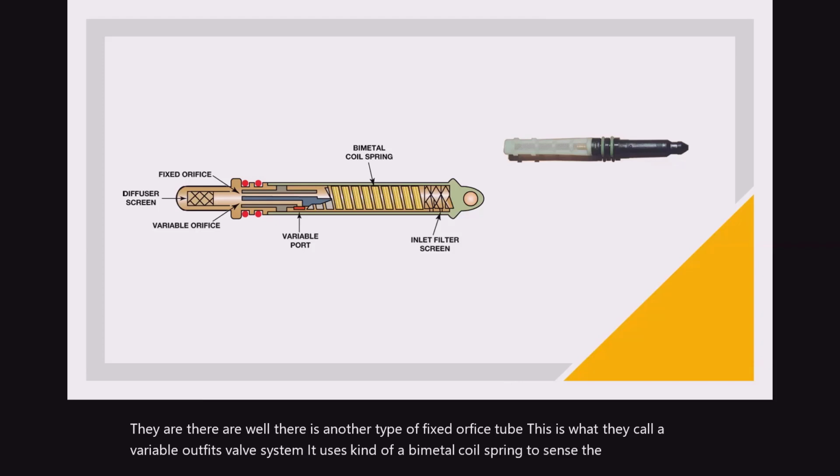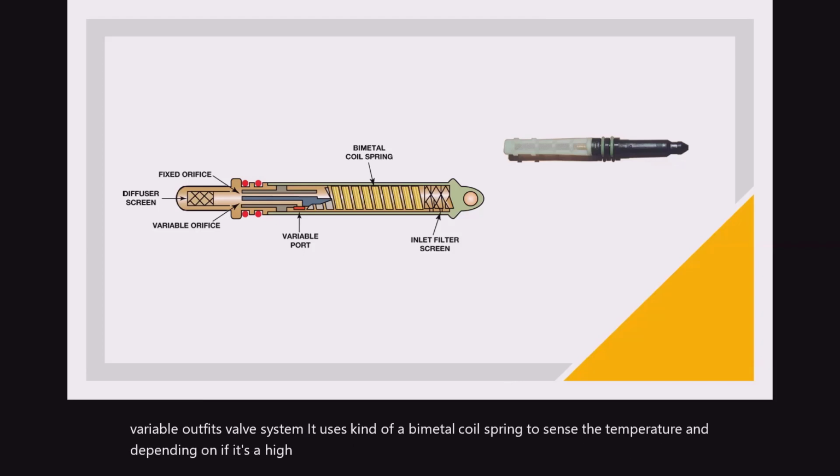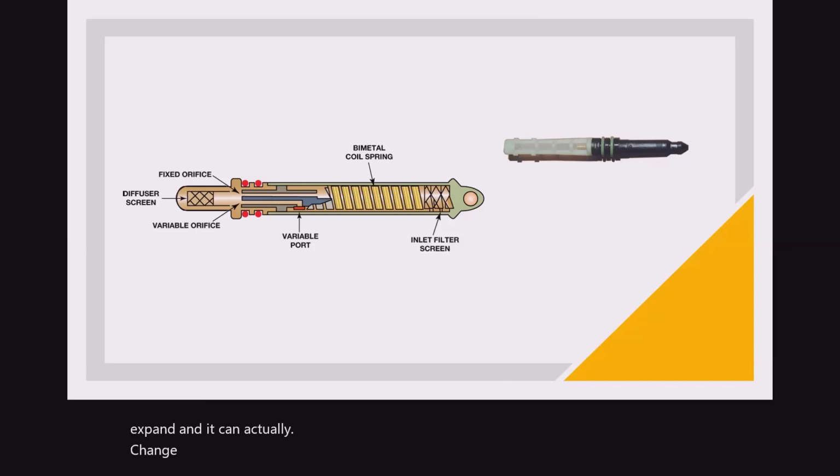And if it's a higher temperature, like it's a little bit warmer, it will cause the coil to expand, and it can actually expand and contract depending on what the temperature is. So it can actually modify that refrigerant flow, almost like an expansion block or an expansion valve does. But these are not new. They've been out there for quite a few years.